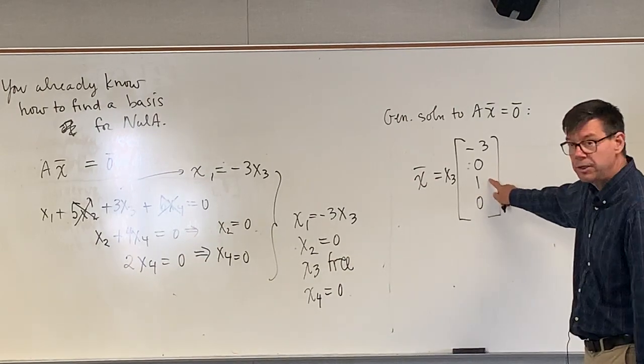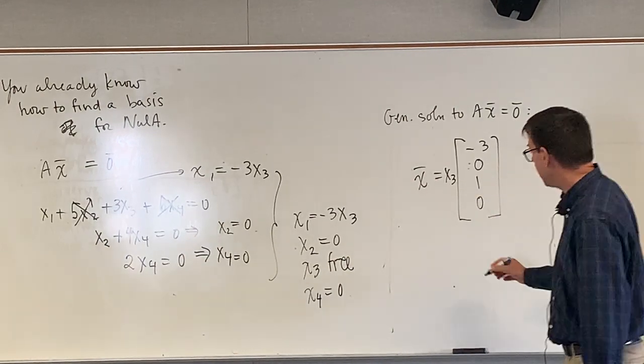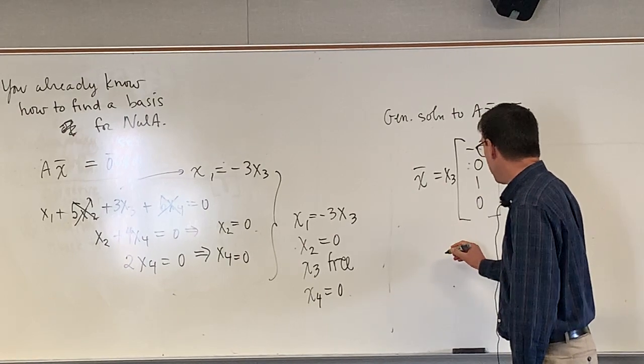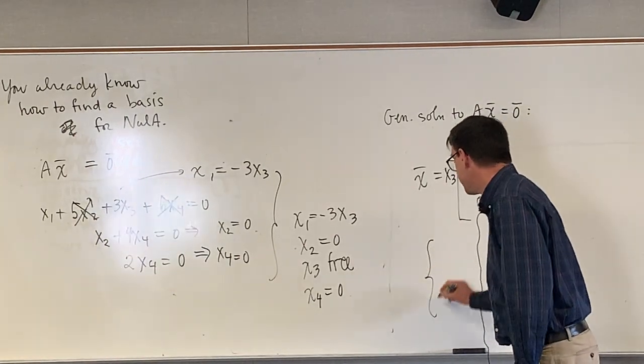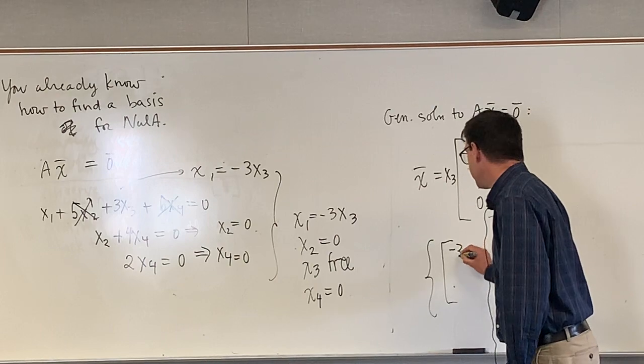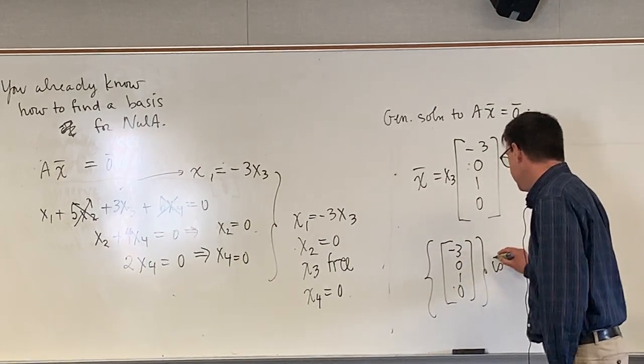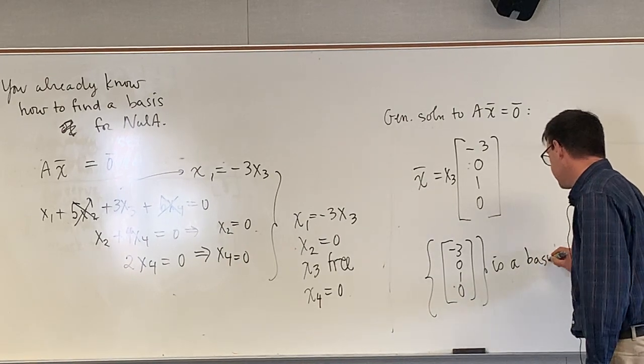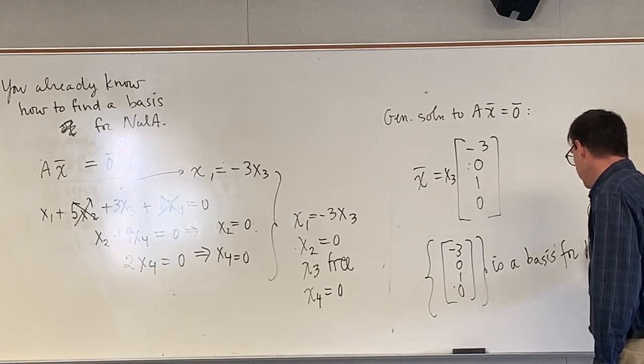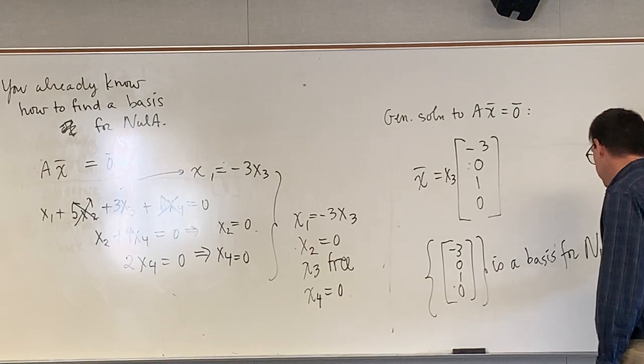And there's our one-dimensional basis, right? So I would say that one vector, negative 3, 0, 1, 0, all by itself, is a basis for the null space of A.